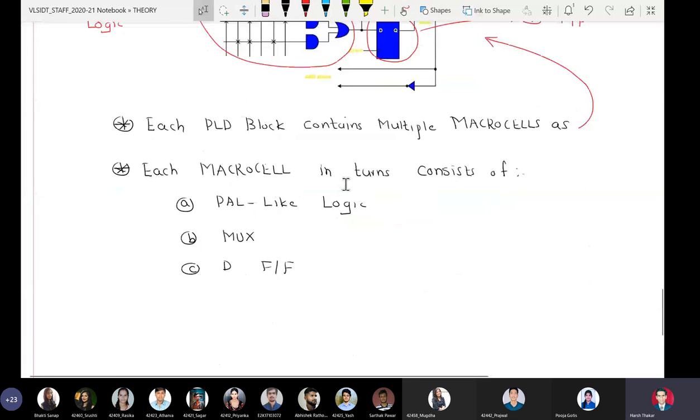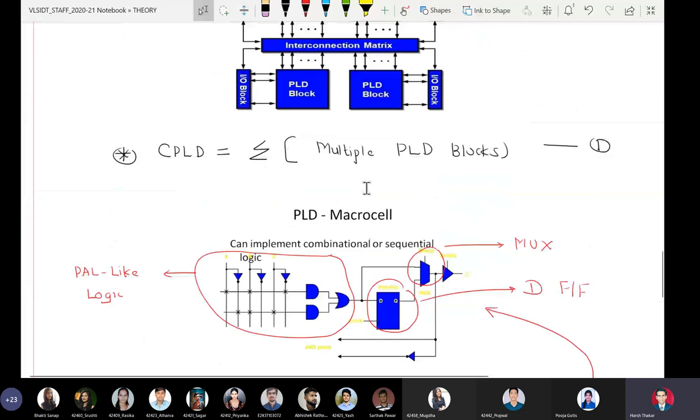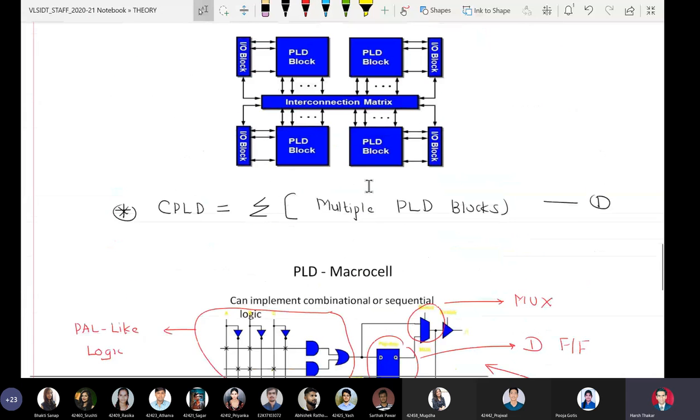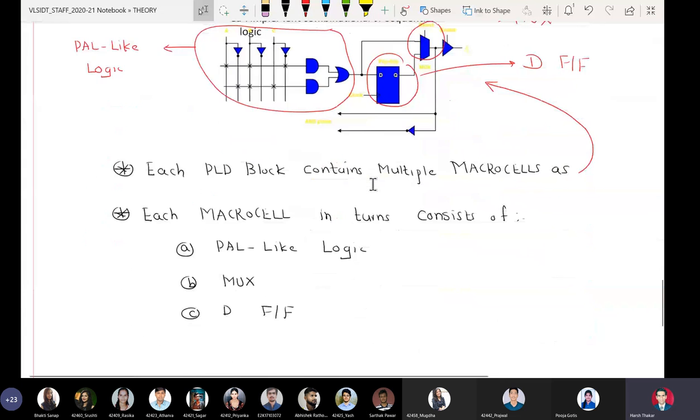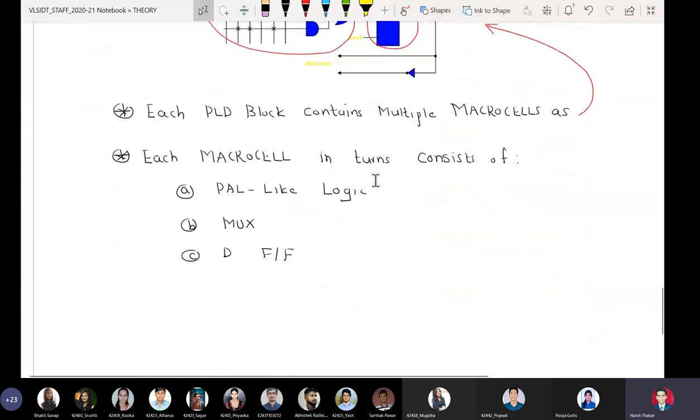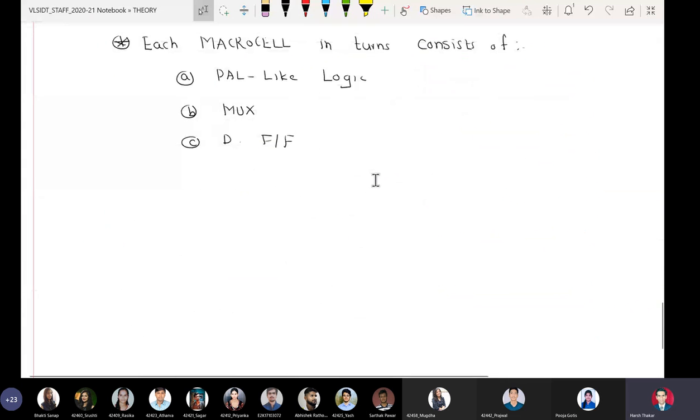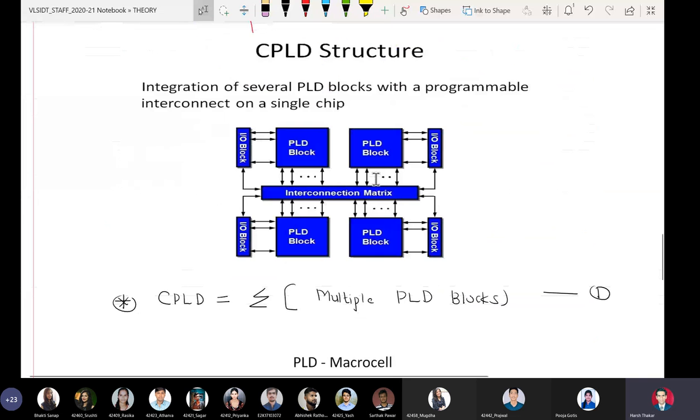So we have put the equations now. Every CPLD is a combination of multiple PLD blocks. Each PLD block contains multiple macro cells, and each macro cell in turn consists of PAL-like logic, multiplexer, and D flip-flop. Now let us put some statistics.